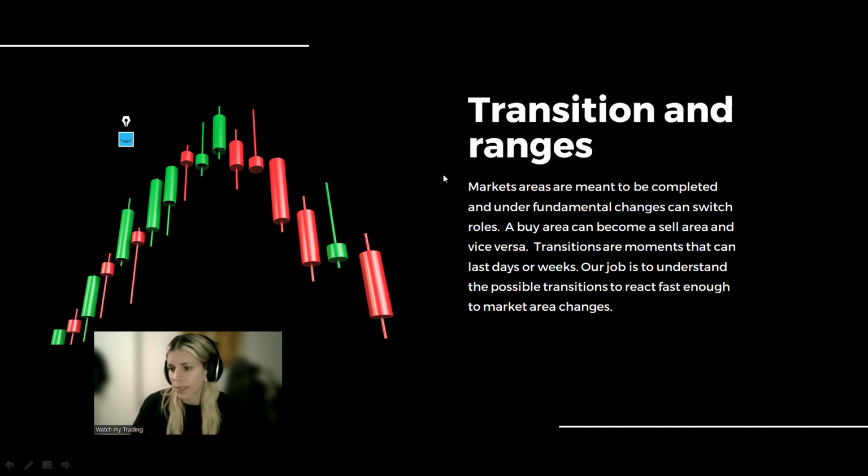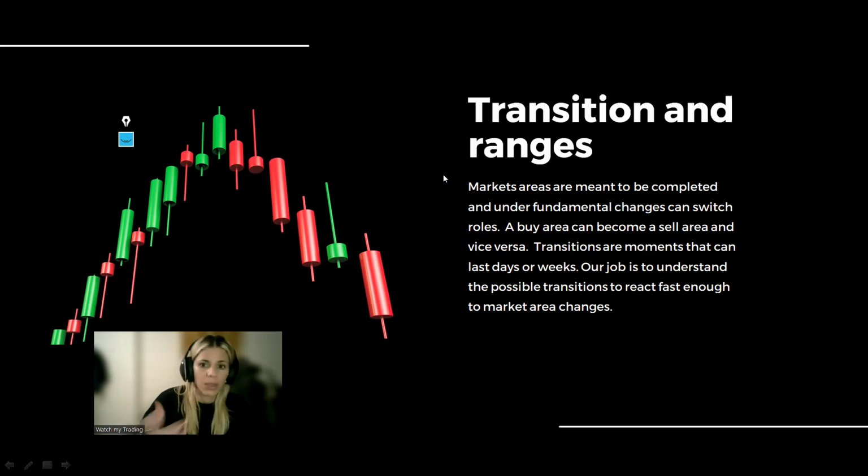And of course, since the pandemic, we've been having a lot of changes in market areas. Quite unusual, by the way, but it happened that we had the market trading on buyers and then changed to the sellers. The market went from the sellers to the buyers within 3 months. That actually is not as common, but it can happen in the future as well.